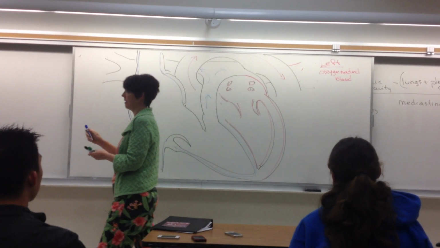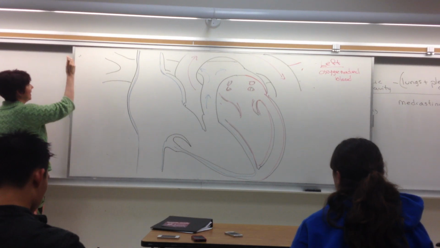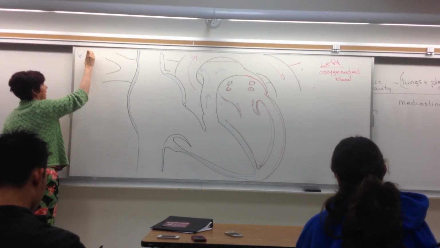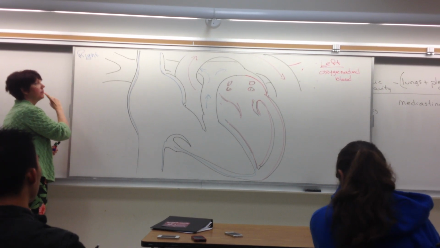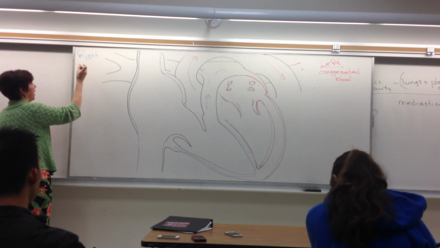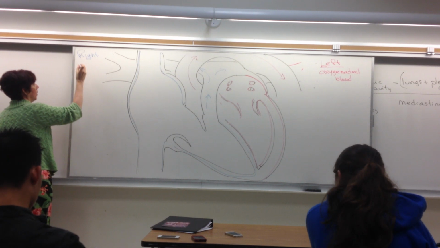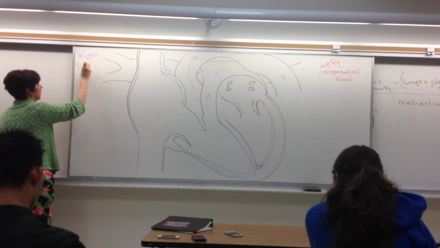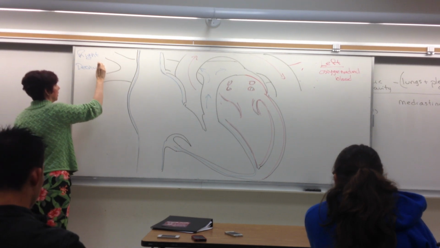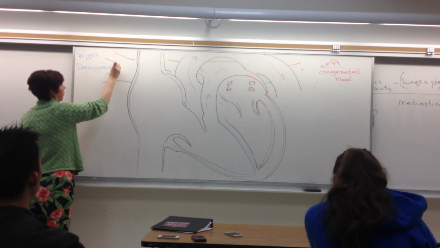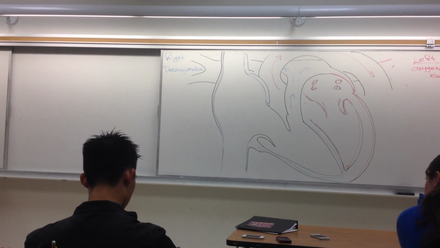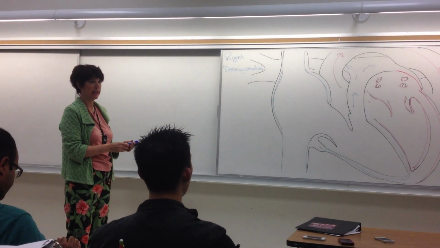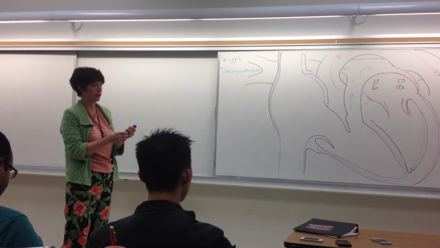The right side is not unoxygenated, but deoxygenated, about 40% oxygen instead of 100, of what it normally transfers. Chambers are pumping chambers. So let's look at the receiving chambers first.